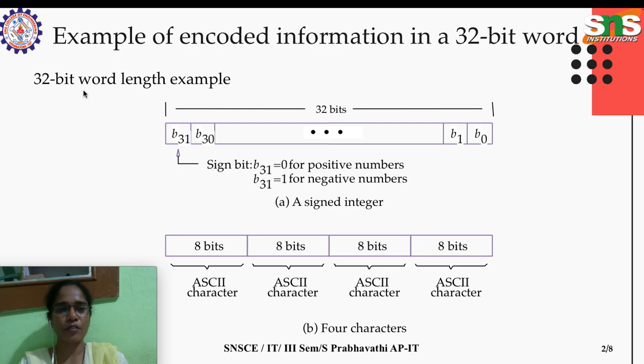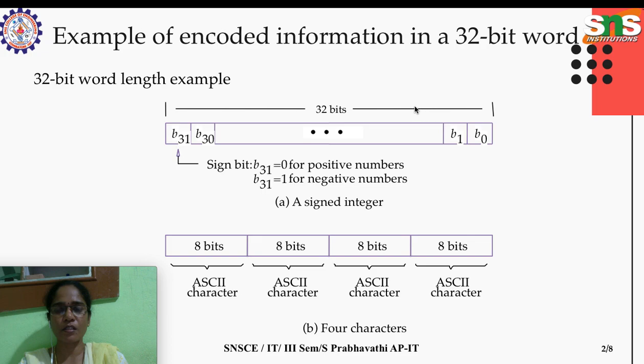For a 32 bit word length, we label each and every bit from rightmost to leftmost like this, B0, B1, B2, B3, etc. up to B31. We won't go to 32 because we are starting from B0. This is the label for each and every bit. So the total length of the word is 32 bits. In this memory location, we can either store integers or characters.